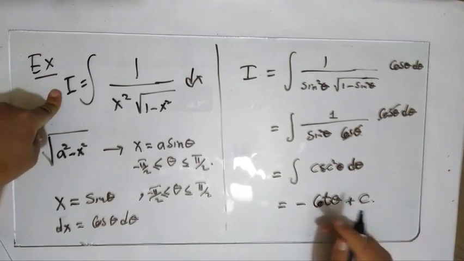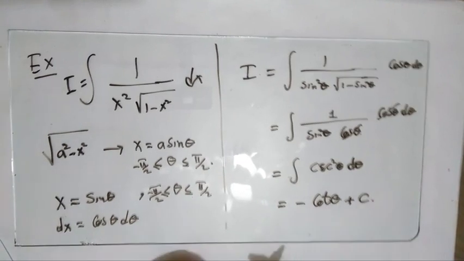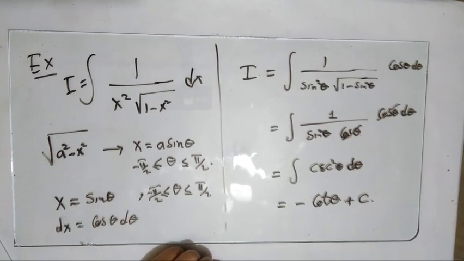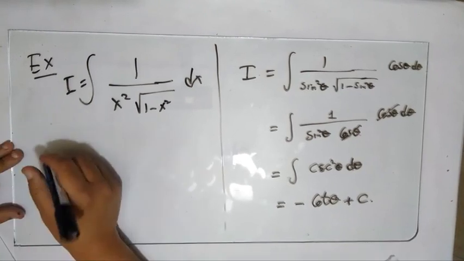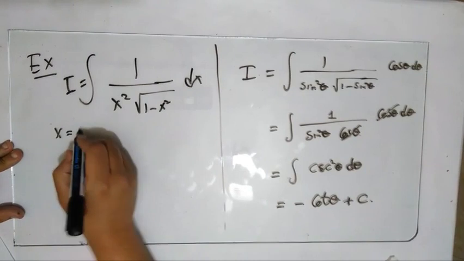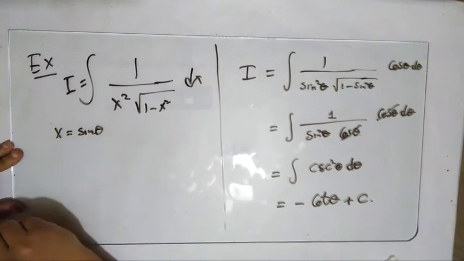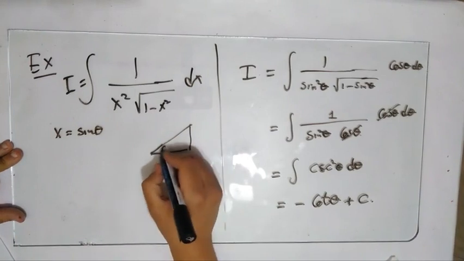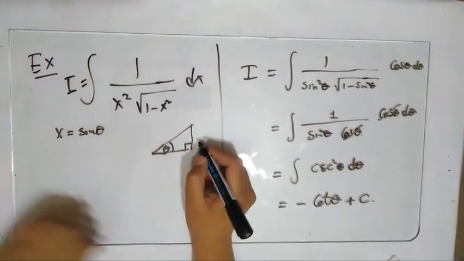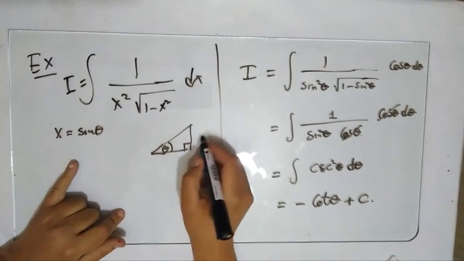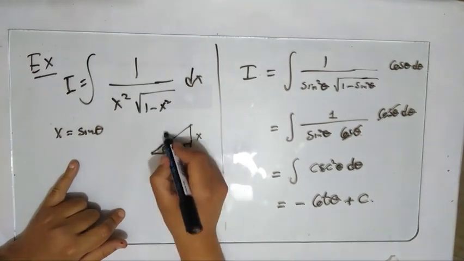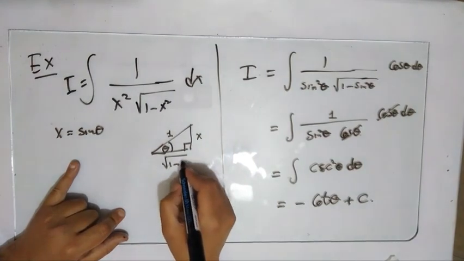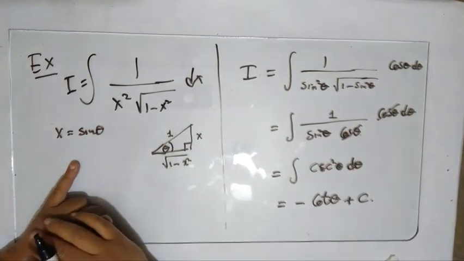But our integral was in terms of x, and now it's in terms of theta. So we have to rewrite everything again. We will do that in 2 ways. We know that x equals sine theta. The first method is to write this triangle. Sine theta is opposite over hypotenuse, so this is x and this is 1, and this is, by Pythagoras, the square root of 1 minus x squared.